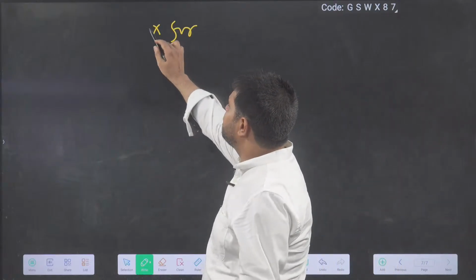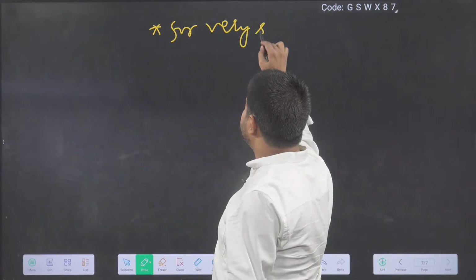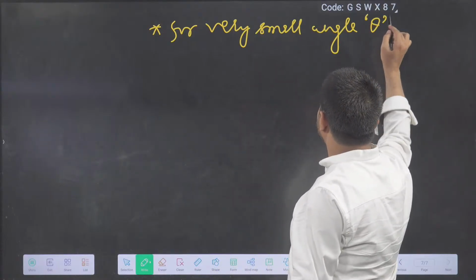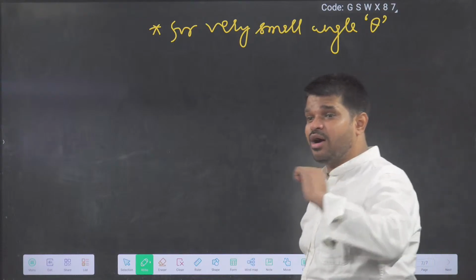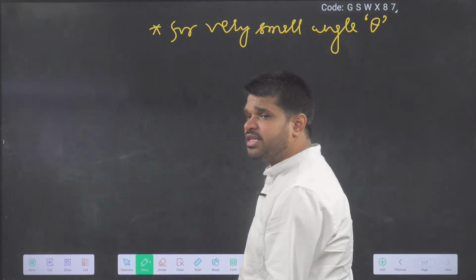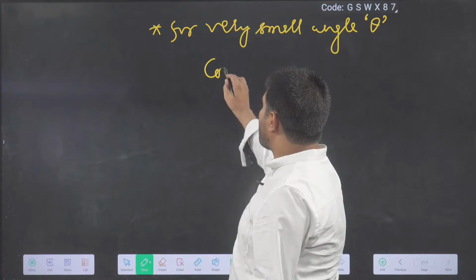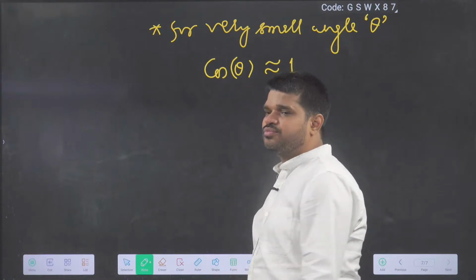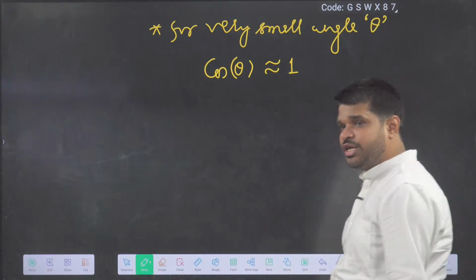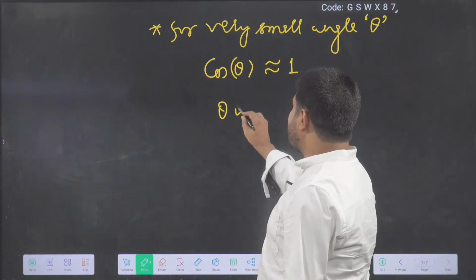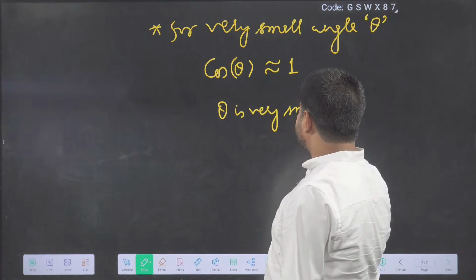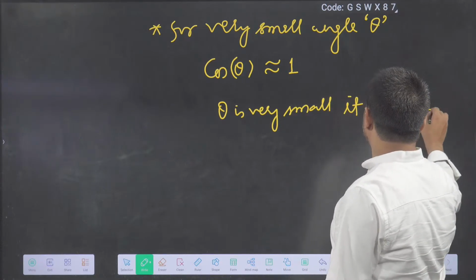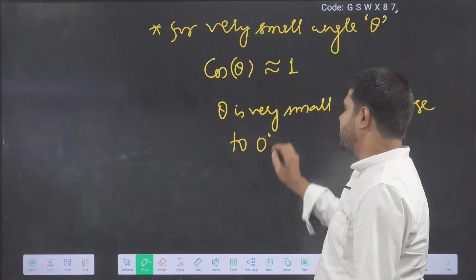For the next concept, for very small angle theta, cos theta is approximately equal to 1. Why? See, if theta is very small, it is close to 0 degree.